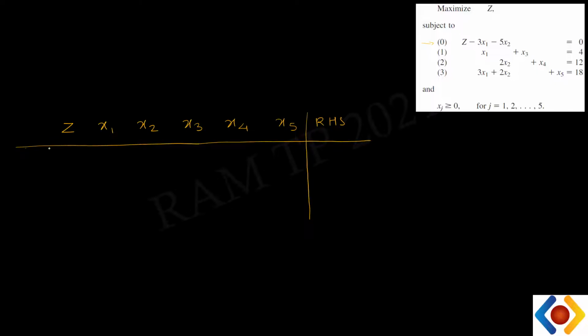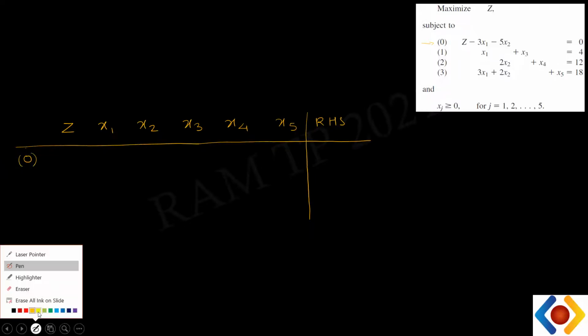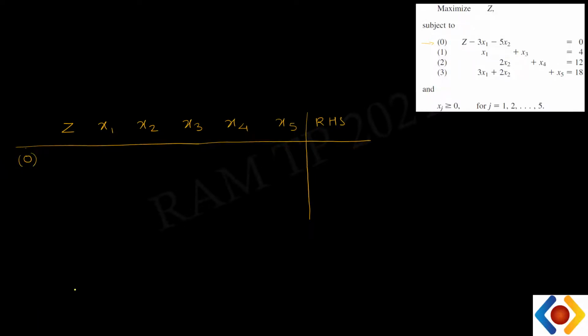Now, the first equation, the zeroth equation. I will denote that with 0 like this. Please try to understand how we are making this. For the zeroth equation, what is the coefficient of z? 1. I'm going to enter the coefficients now. What is the coefficient of x1? Minus 3.